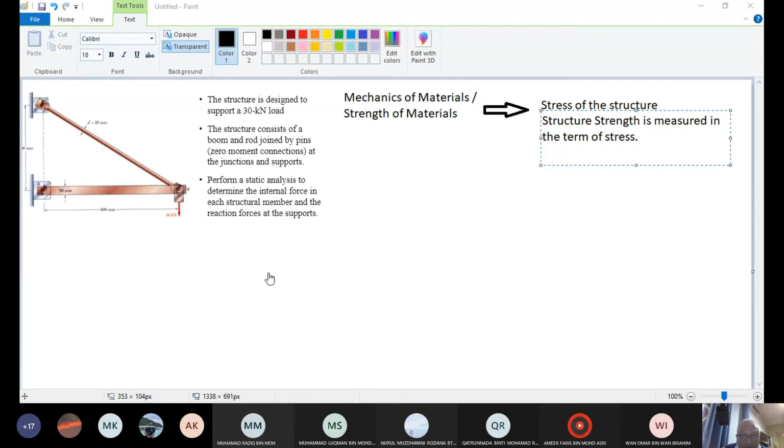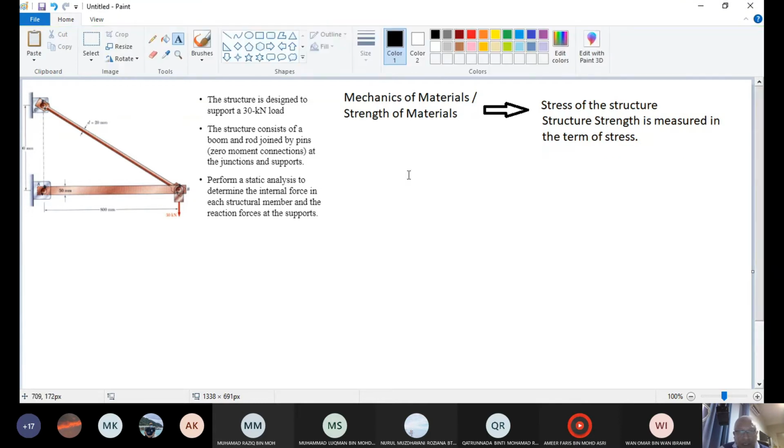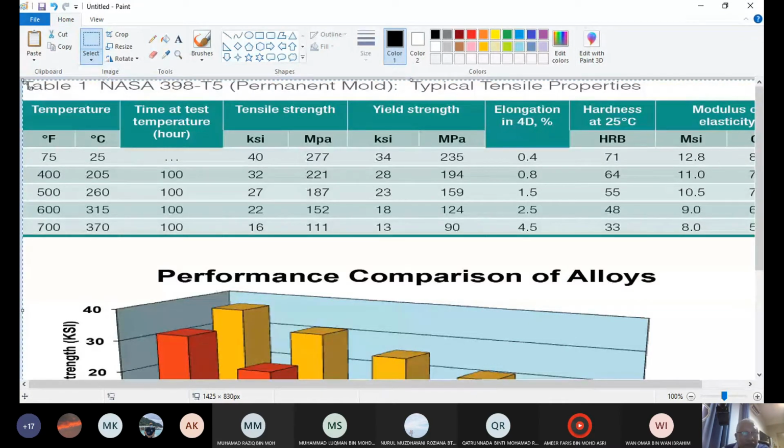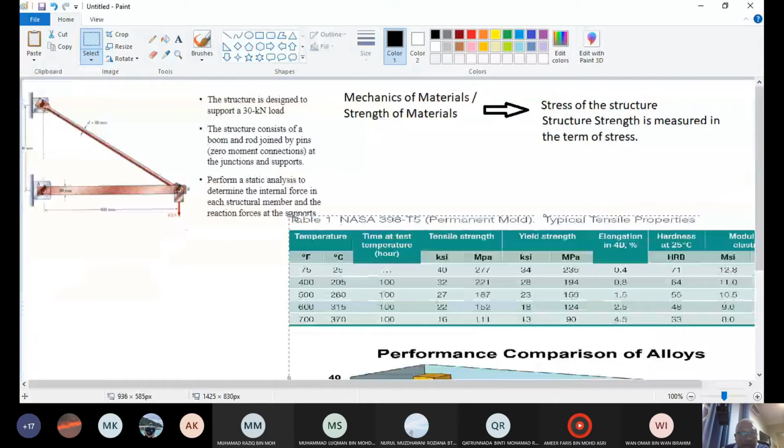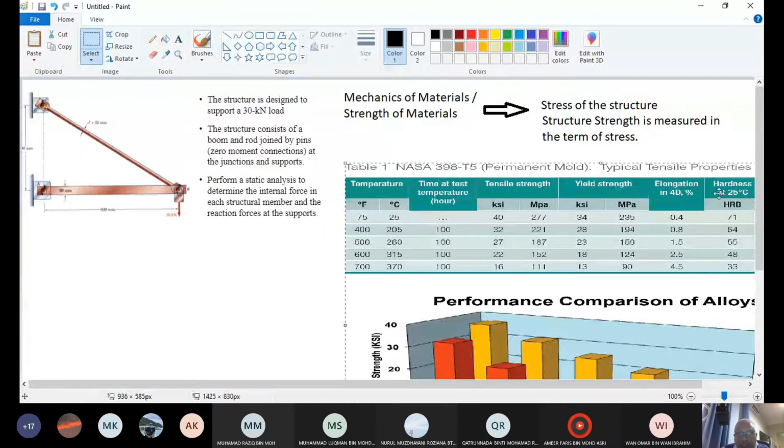Let me give you some example. Okay, let's see this example.